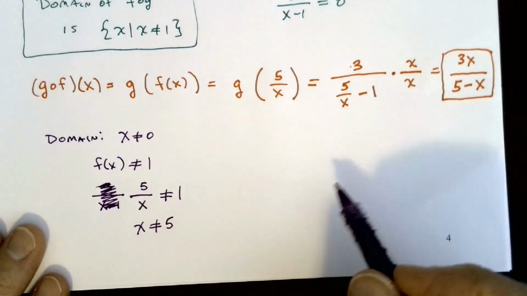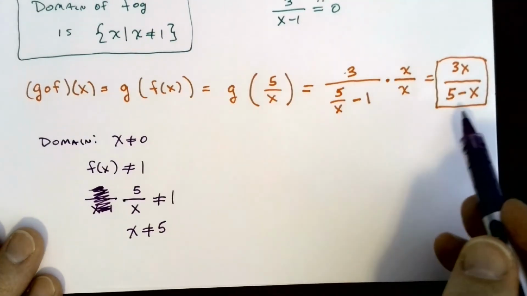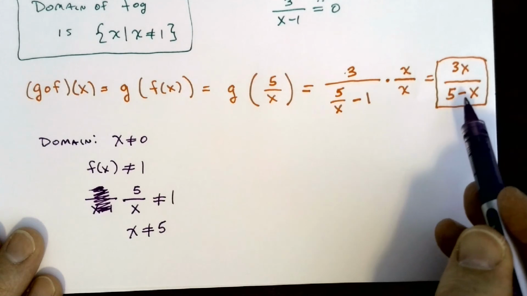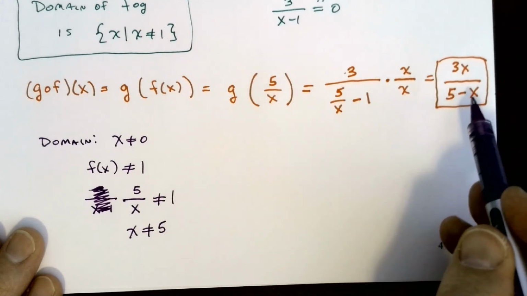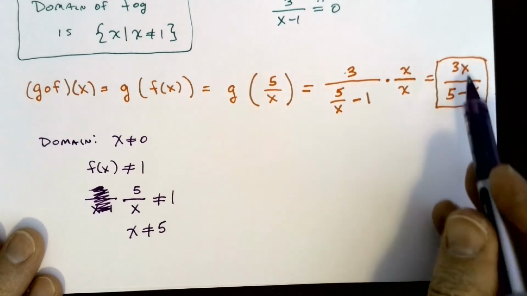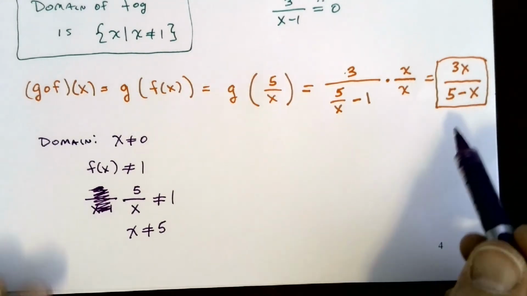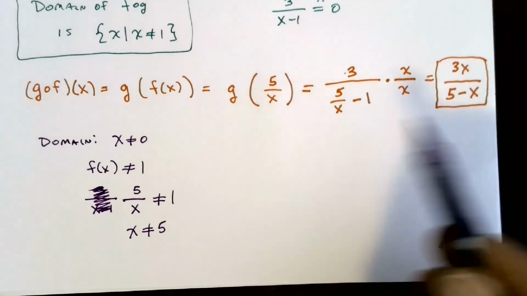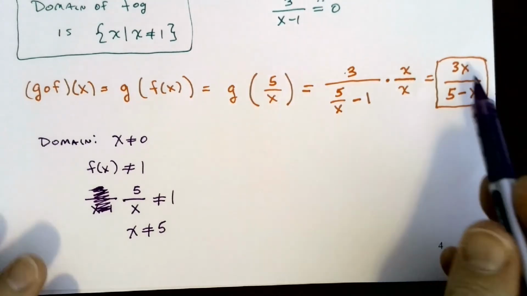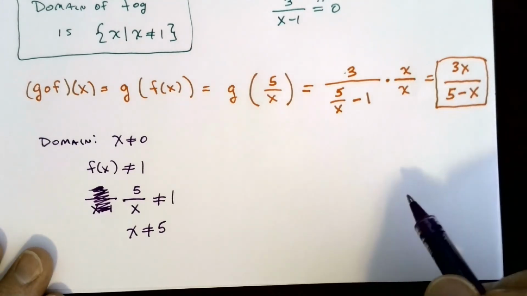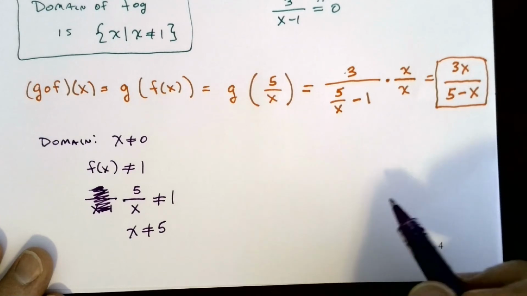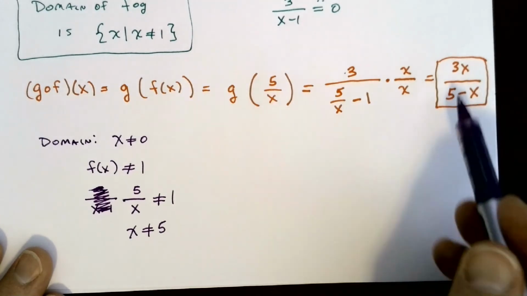Now, in the final simplified result that I have here, we can tell that, can we not? 5 minus x, clearly x cannot be 5 or I'd be dividing by 0. But again, be careful, because in the simplified results, as we saw in the previous example, sometimes we can lose that information. In the last video we saw an example of that.